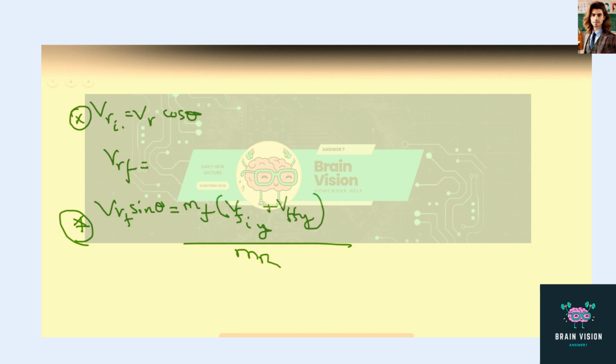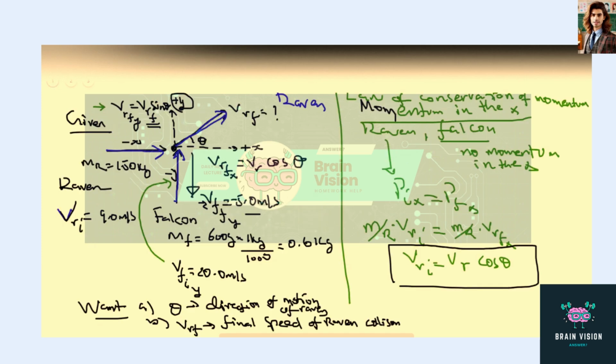So if we take the equation VR final sine theta divided by VR cosine theta, you have to go back and see this was the final velocity, so this should be F. Just verify that. Okay.